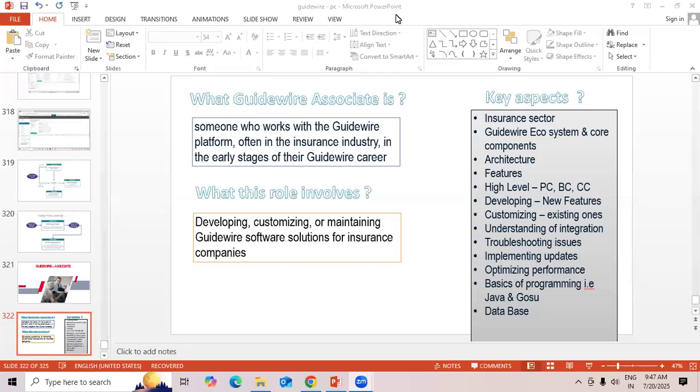Generally those requirements will be taken, and the system design team will create high-level designs first. High-level designs cover the core components. As I told you, for example, there were some core components in Guidewire that we have taken. What are those core components and how are they interconnected? This is all about the high-level design part.